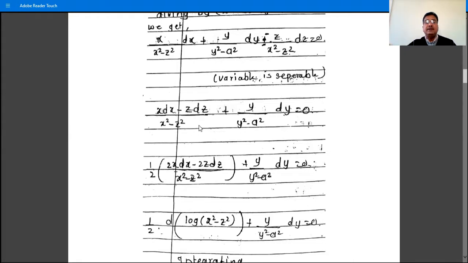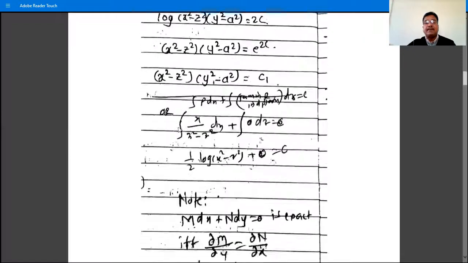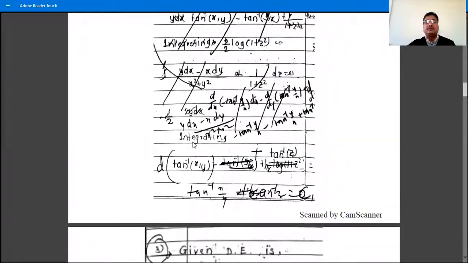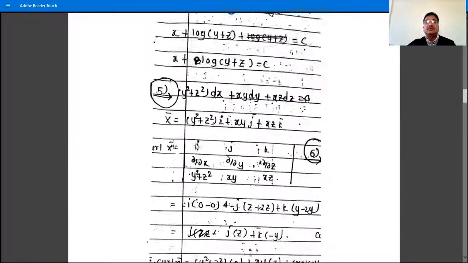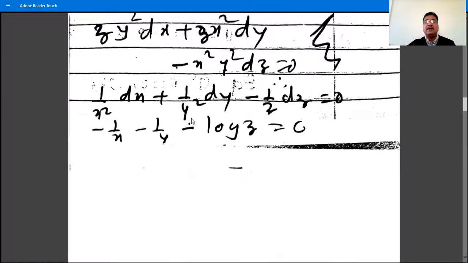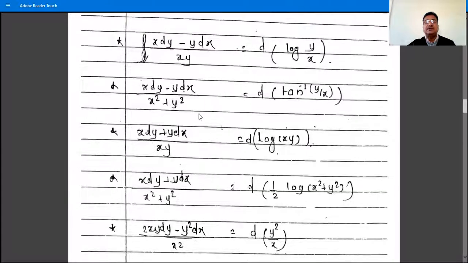Now we have to find the integration of this factor, that is, find the function v such that its derivative is this function, (x dx minus z dz) divided by (x square minus z square). In order to find the function v, use these tricks from the chart. If the differential equation is one variable separable, then separate that variable and use these tricks.